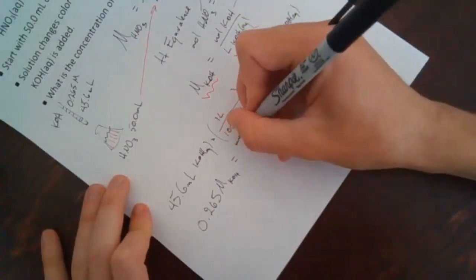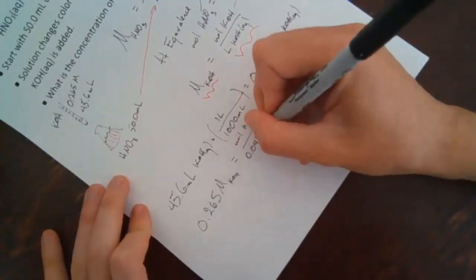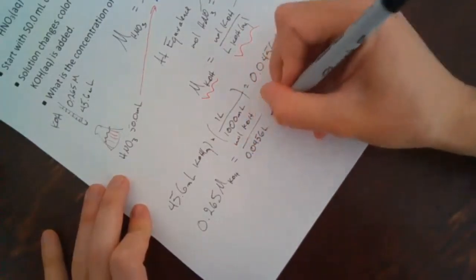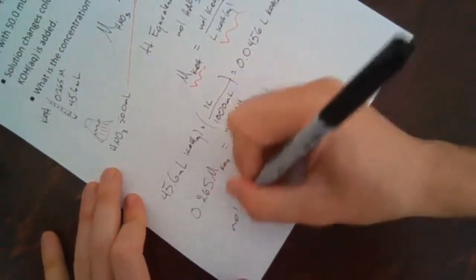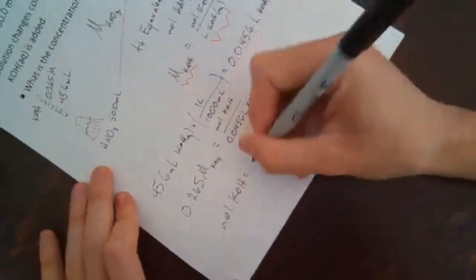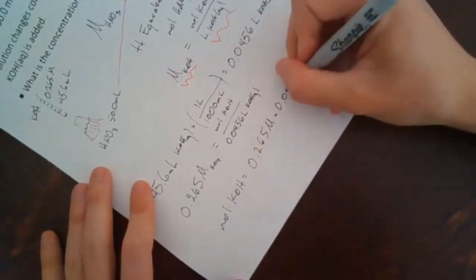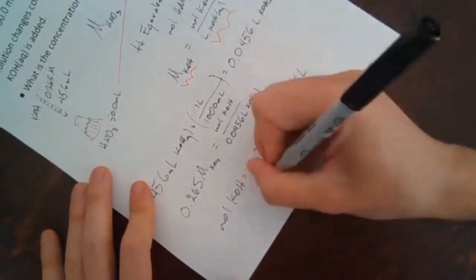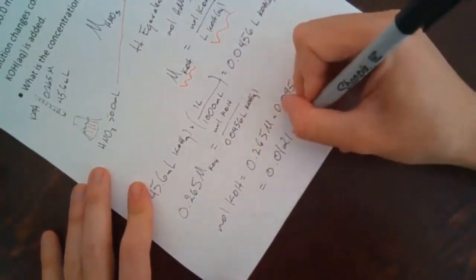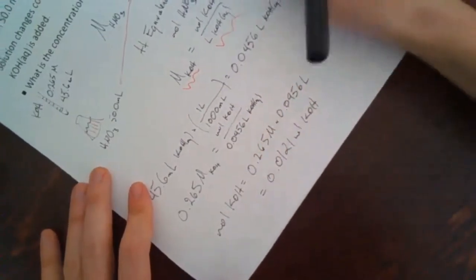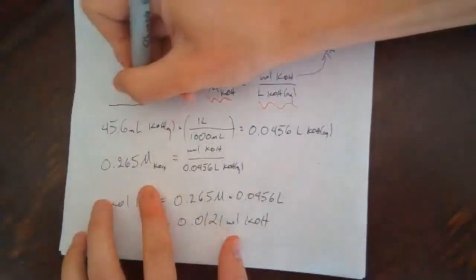And so that's going to be my moles of KOH divided by 0.0456 liters of KOH, which tells me that the moles of KOH is going to be equal to 0.265 molarity times 0.0456 liters, which is equal to 0.0121 moles KOH. Just draw a line there.